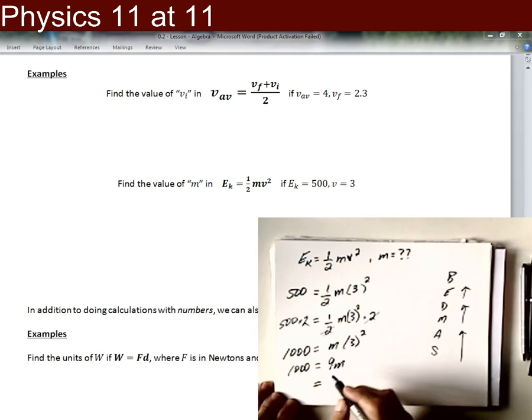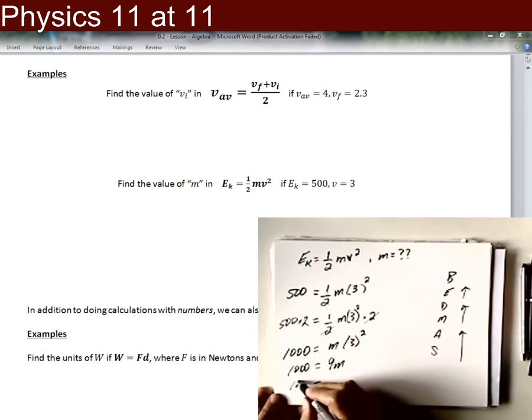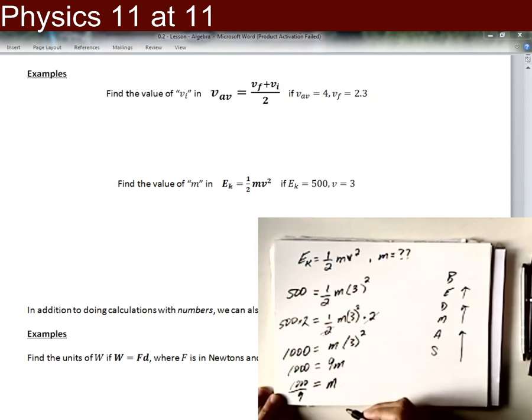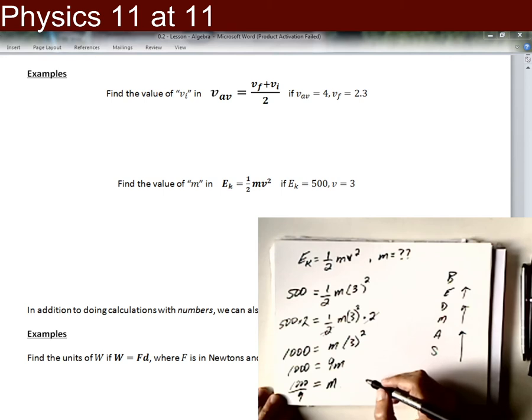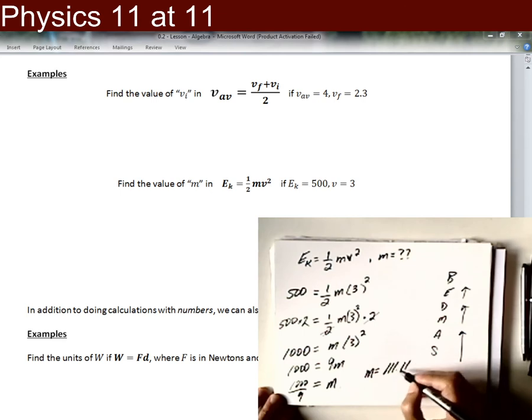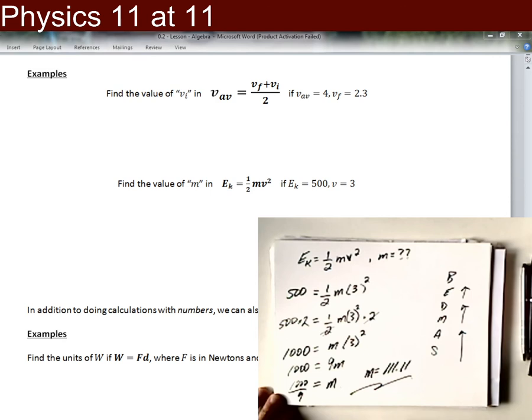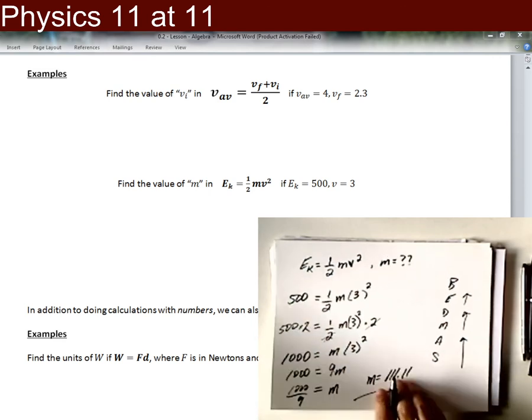These are multiplied, so you divide. 1,000 over 9. That's what m is going to be. Probably kilograms being the base unit, but this is what it is. Okay, you could plug it into your calculator if you like, and you would see it's about 111.1 repeating. Right, that was the numbers.